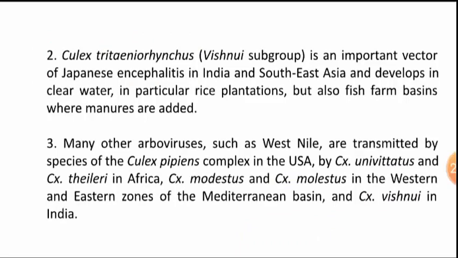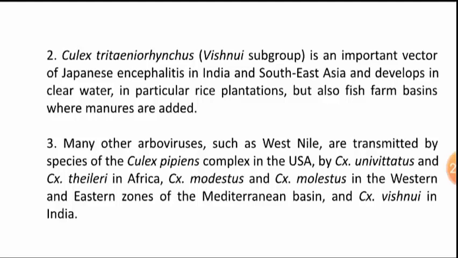2. Culex vishnui is an important vector of Japanese encephalitis in India and develops in clear water, in particular rice plantations, but also fish farm basins where manures are added. 3.